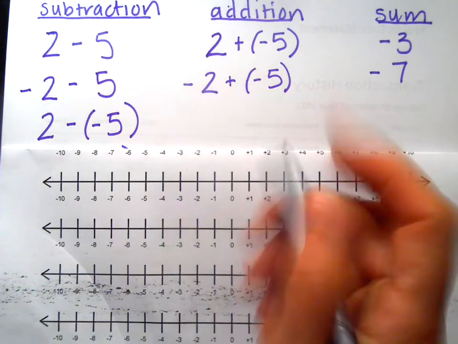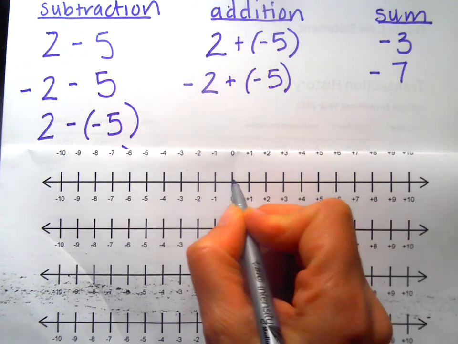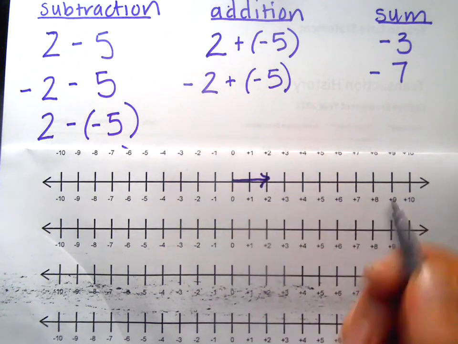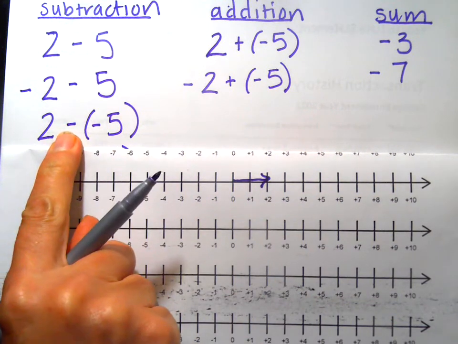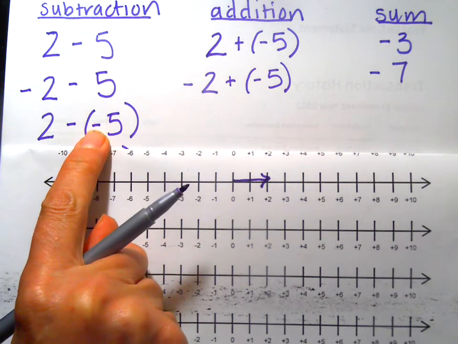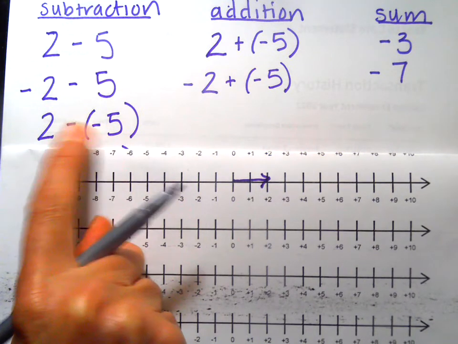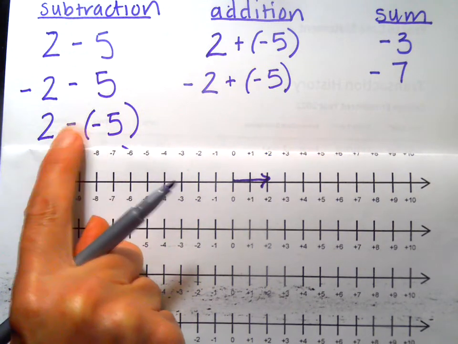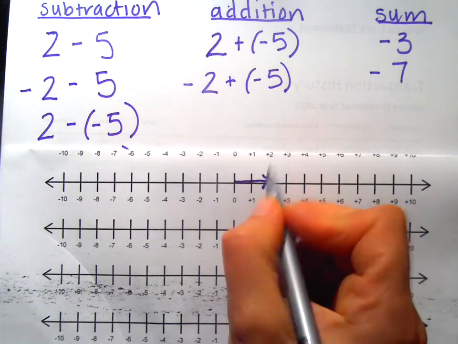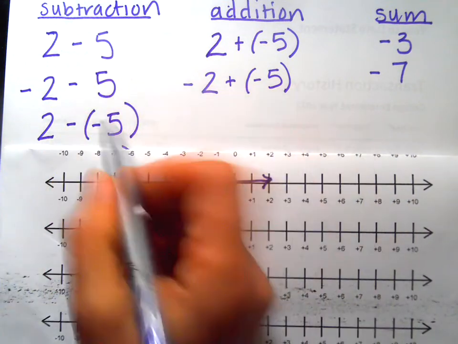So if I were going to do this on the number line, I start at 0. I go to positive 2. And then subtraction usually means go left, but this guy says no, opposite. You do the opposite of it. You're kind of doing 2 opposites here, which brings you back.